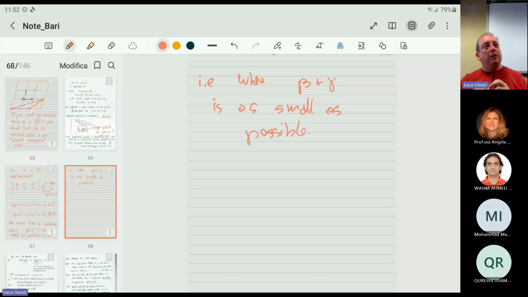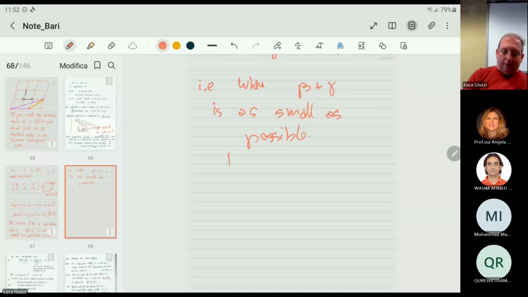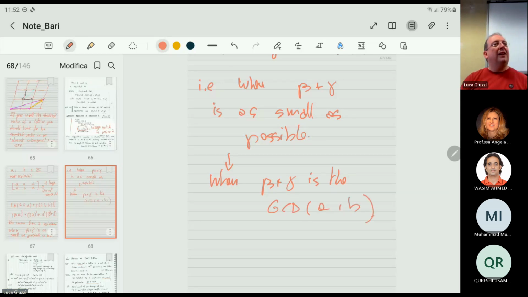The greatest common divisor. So when beta A plus gamma B is the GCD. And so by solving the shortest vector problem, we have actually computed the greatest common divisor between A and B.